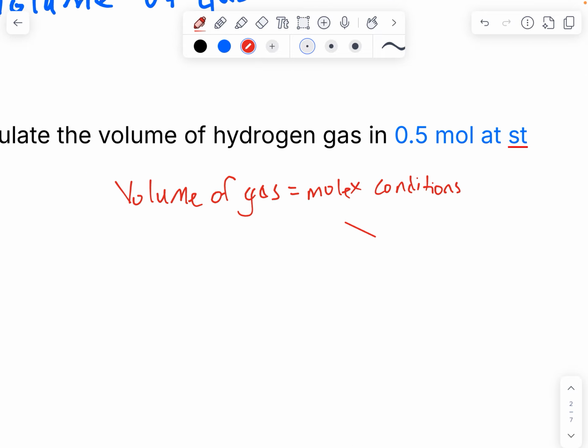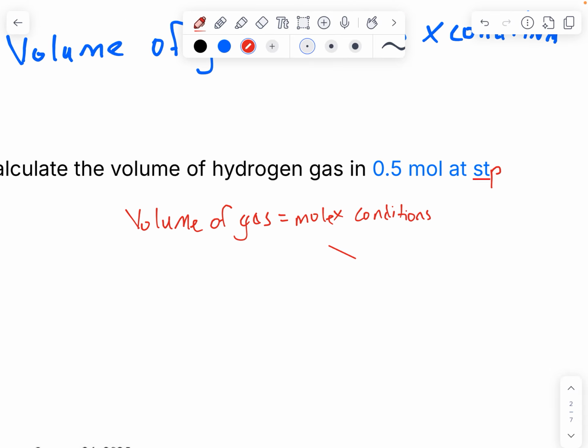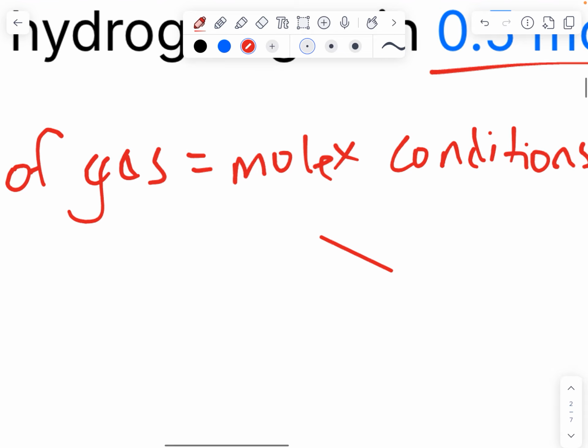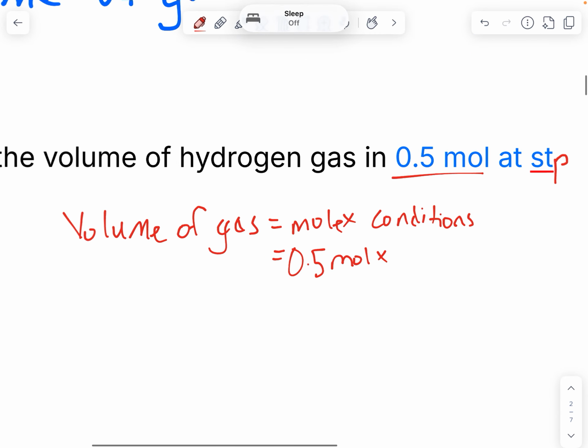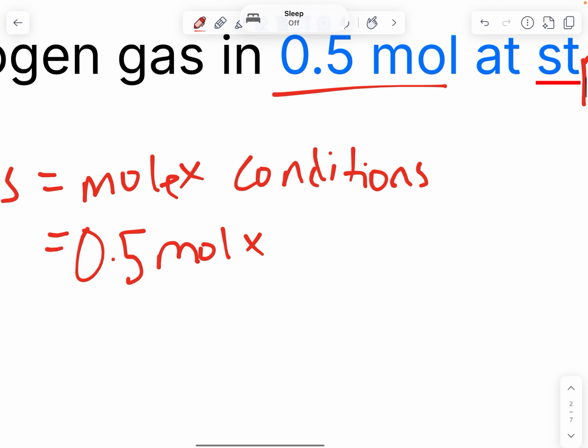That should be STP. Right, so the mole that we're given in the question, we're calculating the volume of hydrogen gas. The mole we're given is 0.5 mole. So 0.5 mole times the condition. The condition is STP. And remember that at STP, all gases will occupy a volume of 22.4 dm cube.